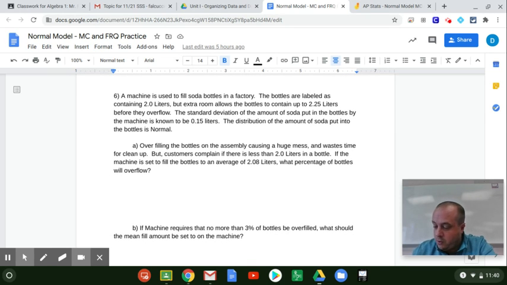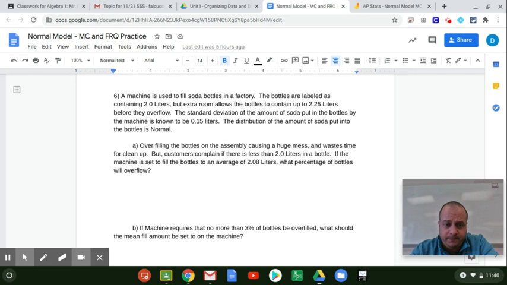We don't know what the mean should be. So we're missing x bar. We don't know what the mean should be, or mu. What we should probably call it is mu right here. So we're missing mu. But we do know, right here, it says the standard deviation is known to be 0.15.